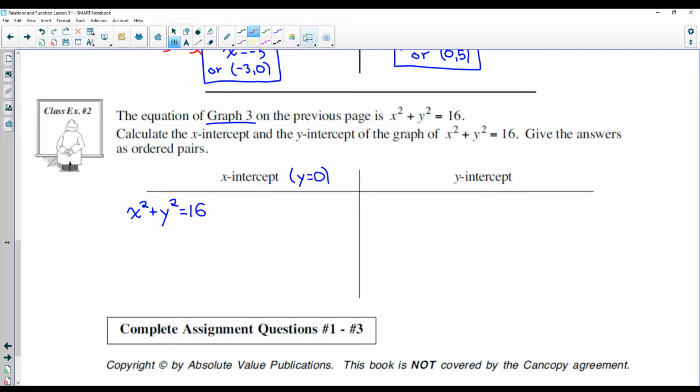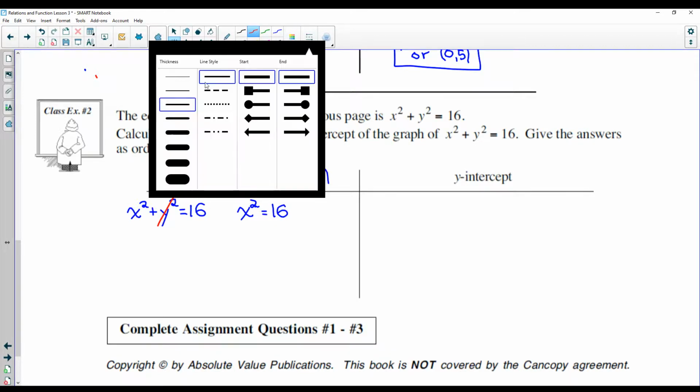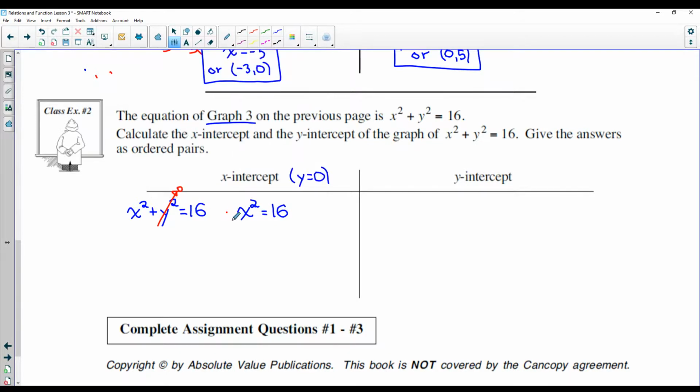And then we're going to simplify this equation by getting rid of the y term. If y is equal to 0, then y squared would be equal to 0. So I can get rid of that whole part. Then I'd be left with x squared is equal to 16. To solve for x, to undo that square, I would then take the square root of both sides.